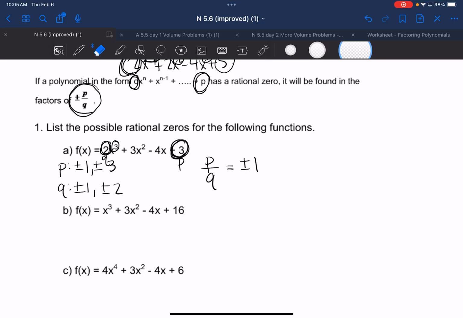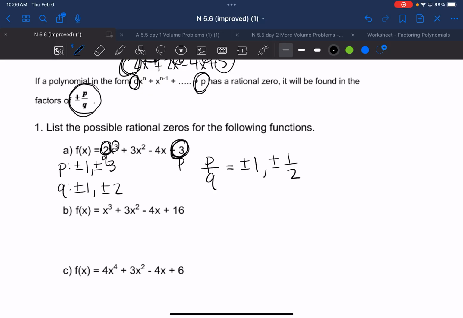I could get another combination by changing q to the other option, which was the 2, right? So then I'd have 1 over 2. So I'm going to add that to my list. Plus minus 1 over 2. Okay? So that's all the possible combinations if I'm using 1 for p, right?